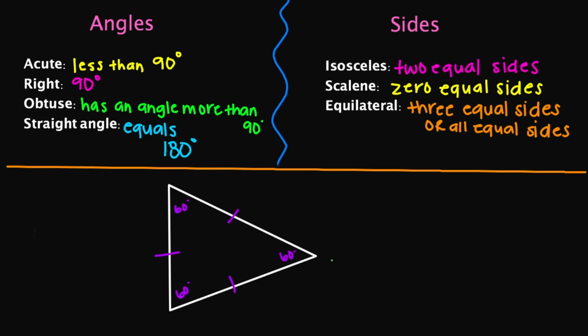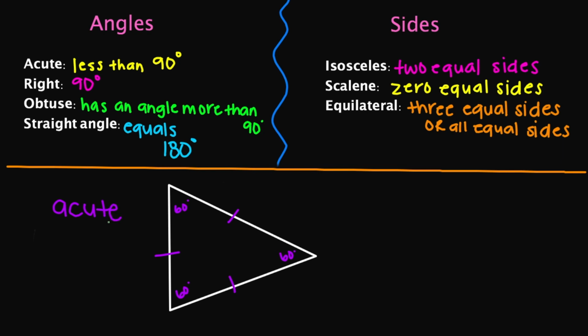Let's look at this example here. Notice that all of my angles inside the triangle are 60 degrees. They are all equal. There's two things I do want to point out. Notice that all my angles inside my triangle are less than 90 degrees. So yes, this is an acute triangle because all my angles inside are less than 90 degrees.